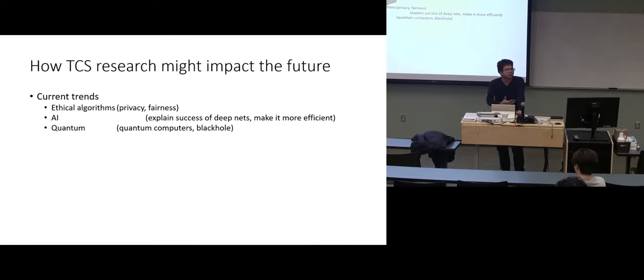Nowadays people use algorithms that affect people's lives. Algorithms are used in hospitals and need to respect privacy. Algorithms are used to decide whether you get into a university or get a loan, so they need to be fair. This is a hot topic right now, and people care a lot about it.